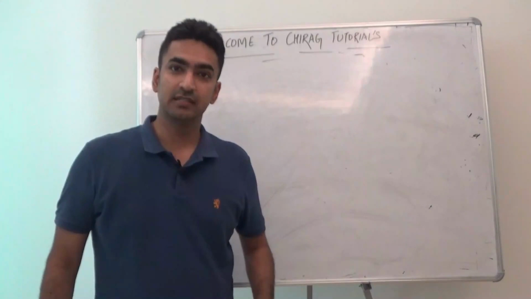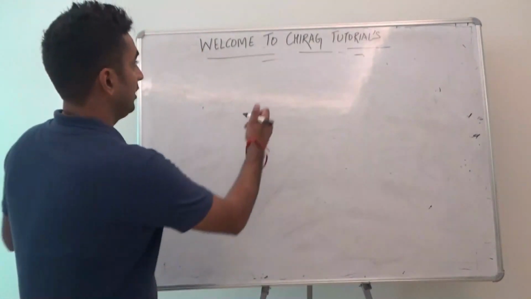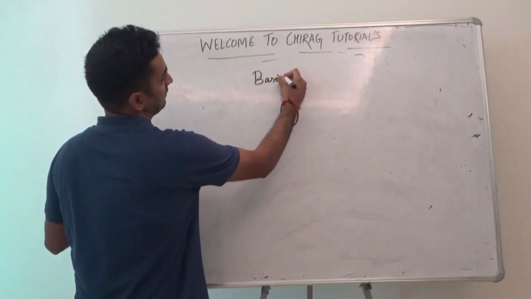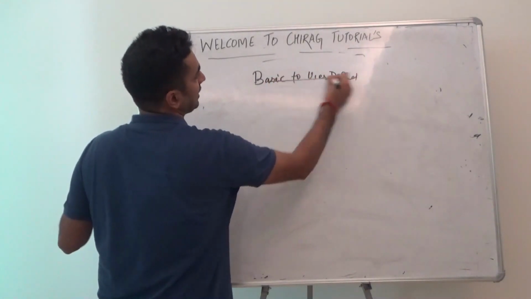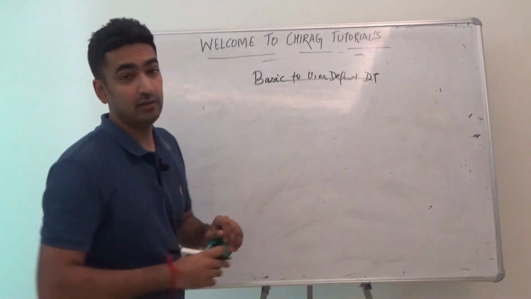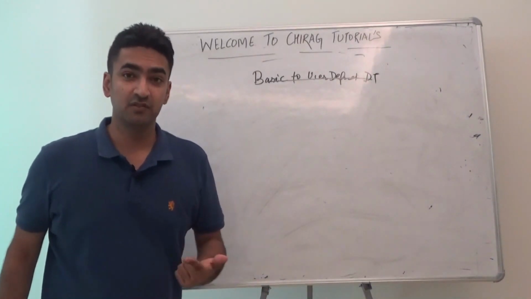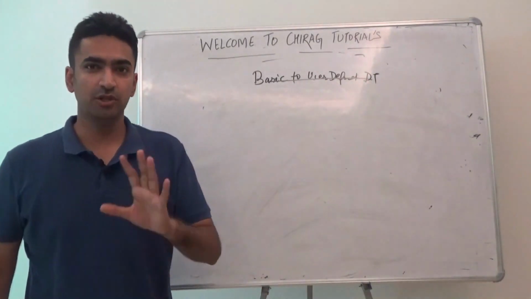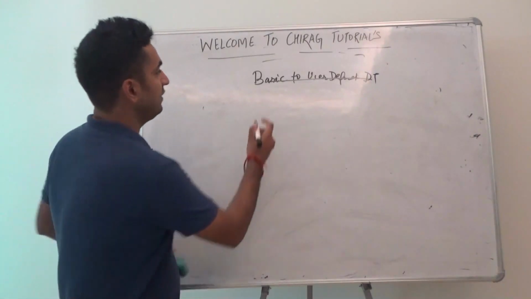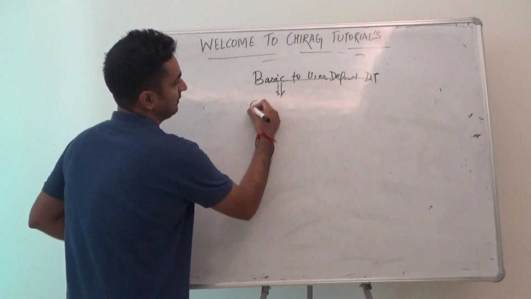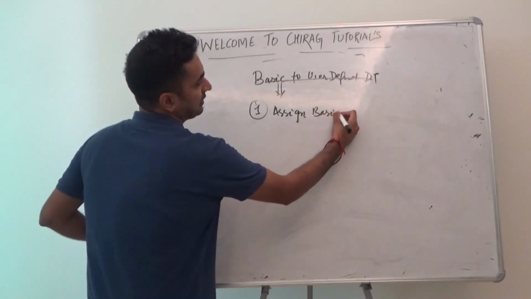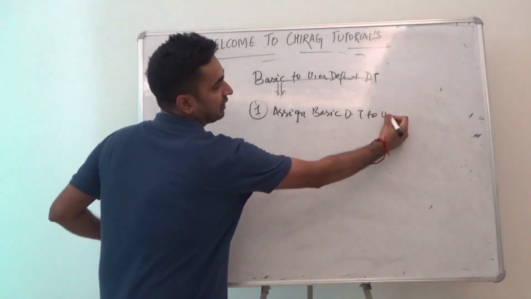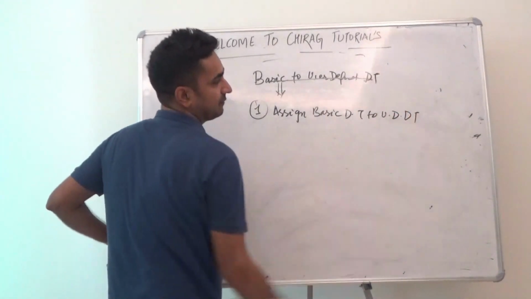In this video we'll be discussing the concept of basic to user defined data type conversion. In this case, what you need to understand is that I will assign a basic data type to a user defined data type.